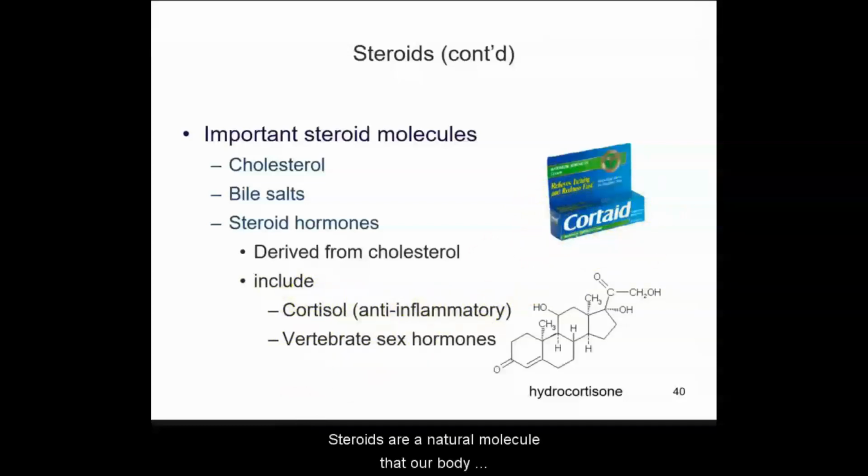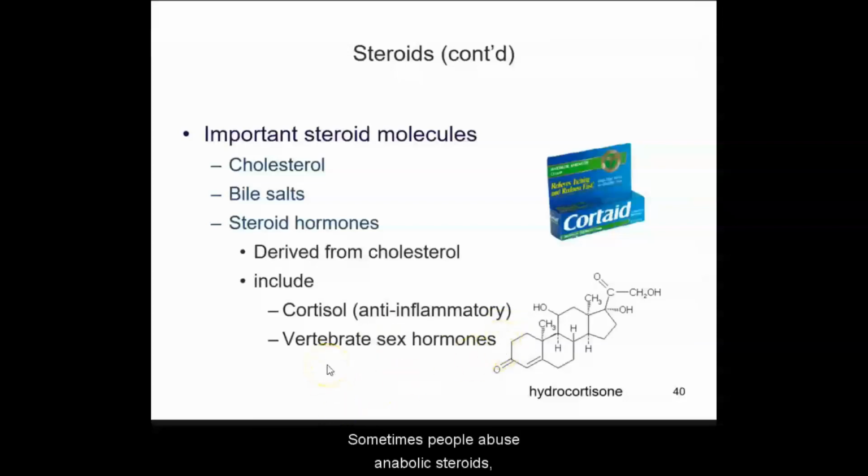So steroids are a natural molecule that the body produces, and when we talk about the sex hormones, such as testosterone, the body will produce testosterone naturally, both in males and females, but at different levels.